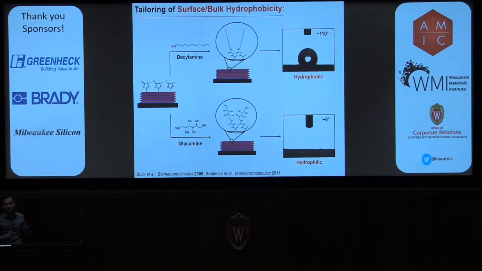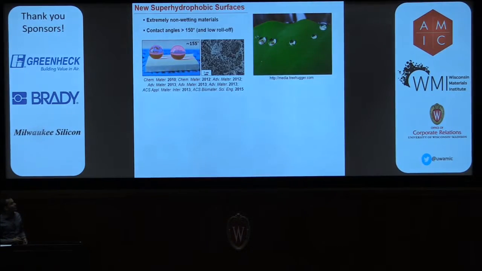And then we began thinking about how we can go further. We know that we can control the surface chemistry of our materials just by reacting with different molecules, but we also can change the topography features of these surfaces by the conditions at which we fabricate these films. So that's when we began to think, how can we change the surfaces from the hydrophobic realm to the superhydrophobic realm?